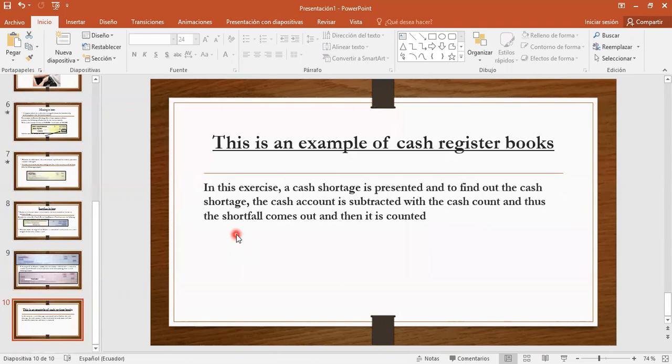This is an example of a cash register book. In this exercise, a cash shortage is present, and to find out the cash shortage, the cash count is subtracted from the cash account balance.